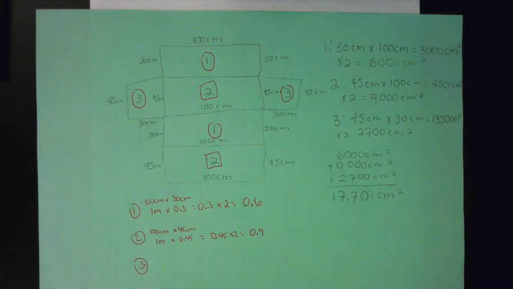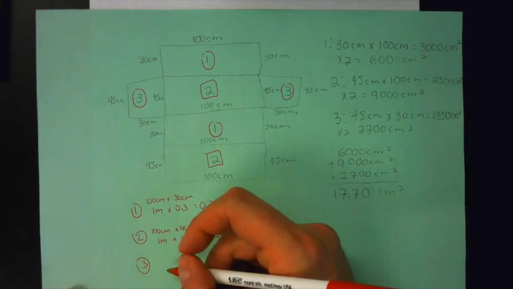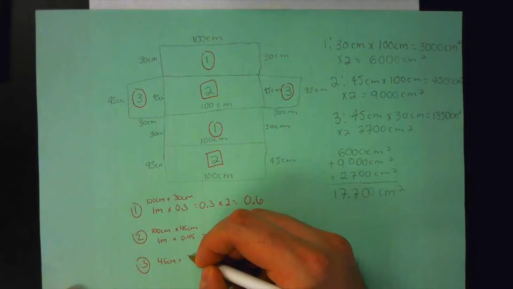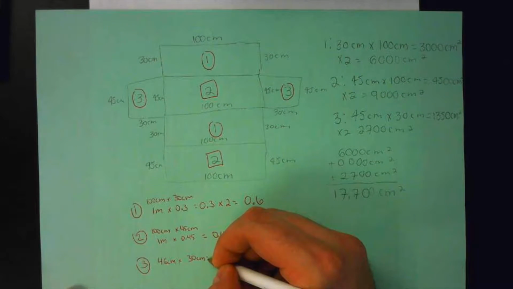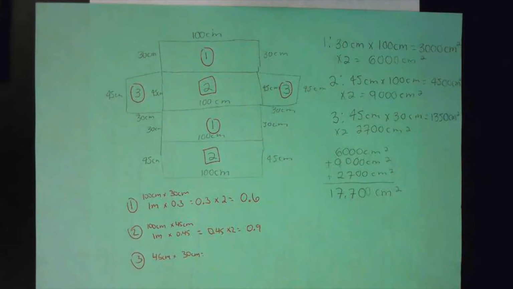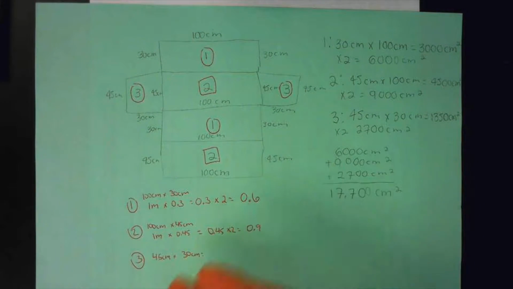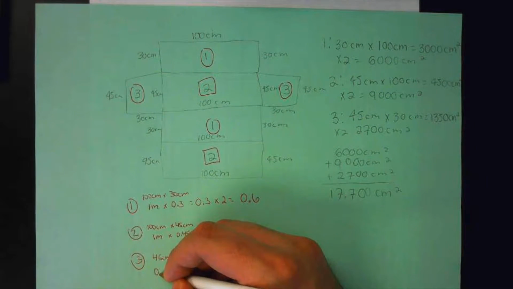Okay. The last one, we had 45 multiplied by 30. So this rectangle here. If we had to convert centimeters to meters, the answers are actually right here on the page. But what is 45 centimeters in meters? 0.45.